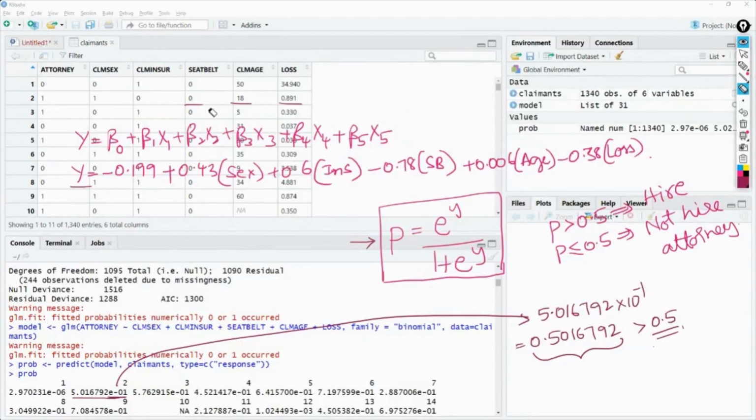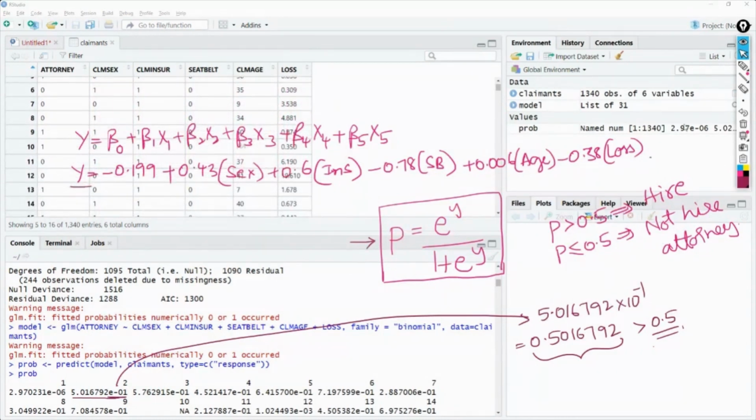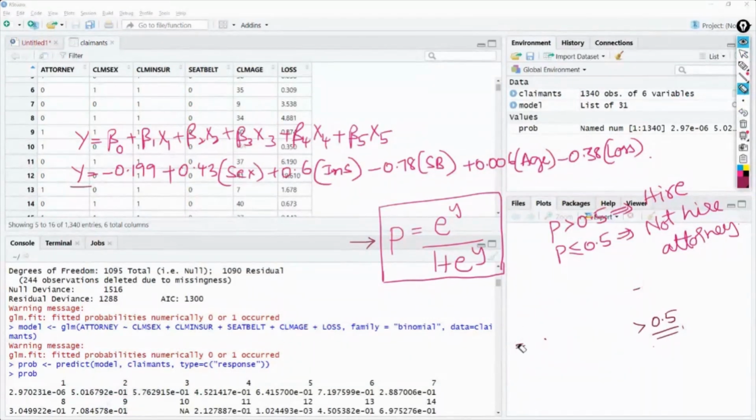But sometimes there might be mismatch also. Your prediction need not be 100% accurate. Sometimes it might be wrong. So let's see. Third, fourth, fifth. Yeah, sixth entry. Okay, let me go to the sixth row and let me explain this.